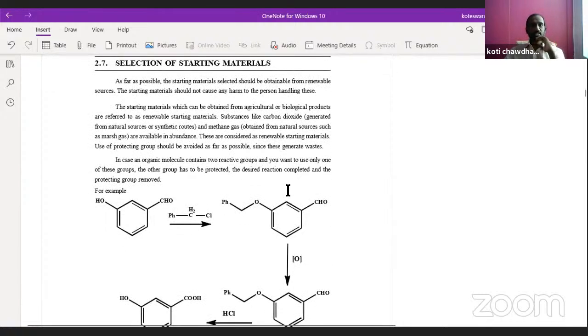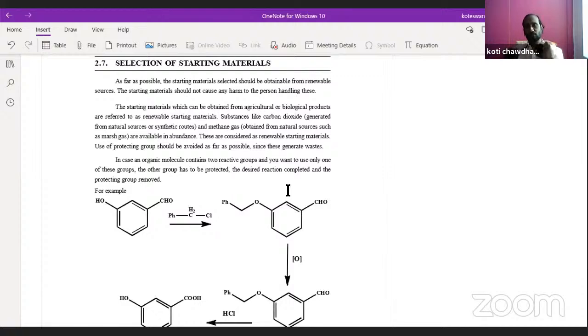Okay, next, selection of starting materials. Most of the cases, the selection of starting materials will not be a big deal, because the synthesis involving the starting material should always be a simpler thing. Simpler means we start the synthesis of a particular molecule with a small molecule that is readily available, also readily available from natural resources or renewable resources.